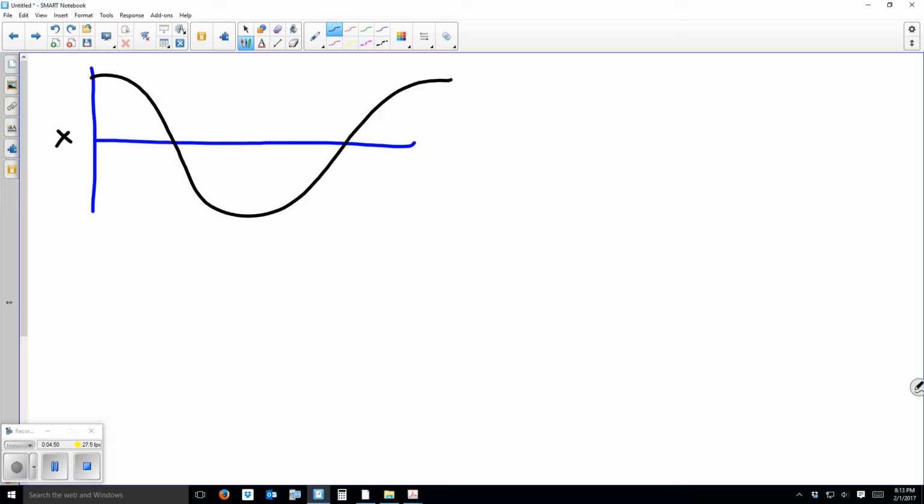At the peaks and troughs, we have our maximum acceleration. Acceleration is closely related to force, net force equals ma. So at those peaks and troughs where we're pulled the farthest out, that's where we've got the most force. F equals kx. The bigger x is, the bigger F is. And if F is bigger, then a is bigger as well.